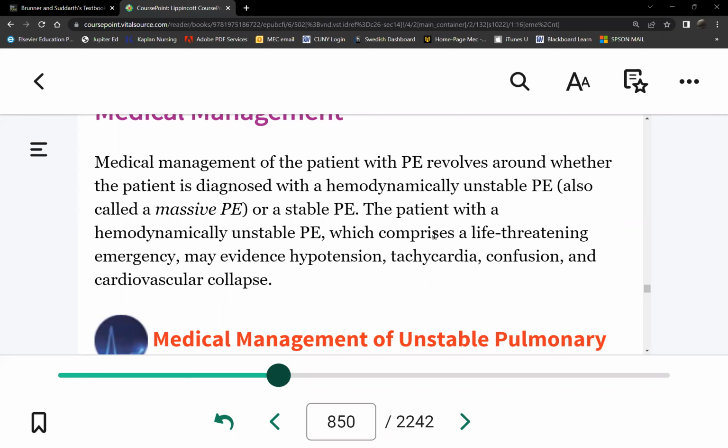It's based on the PTT. So the dosing for unfractionated heparin is the PTT. Remember I asked you last week, if the PTT is low, what do we do with the dose? Increase it. If the PTT is too high, decrease it. If the PTT is therapeutic, leave it alone.